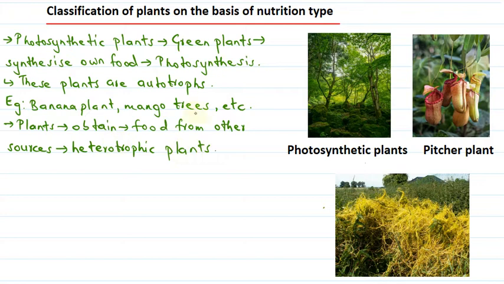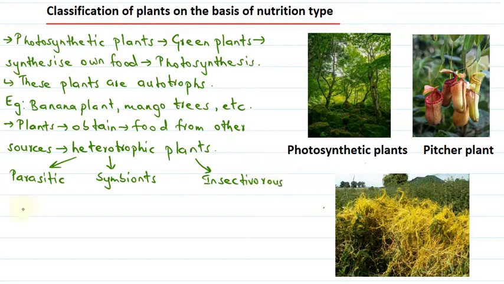They synthesize their own food. Some of the plants are heterotrophic. Depending on the source of nutrition, the heterotrophic plants can be categorized as parasitic plants, symbionts or symbiotic plants, or insectivorous plants.